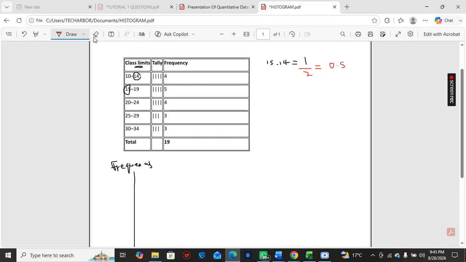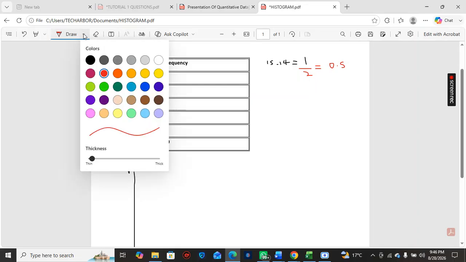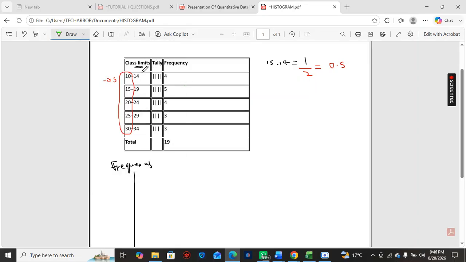What this means is that all these numbers on the left, which I'm circling here, we're going to subtract 0.5, and all these numbers on the right, we're going to add 0.5, so that we connect the classes and make sure there is no gap.